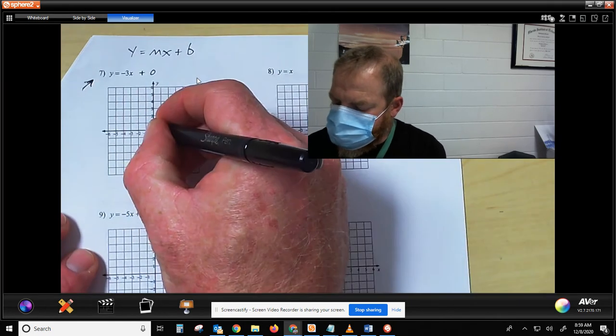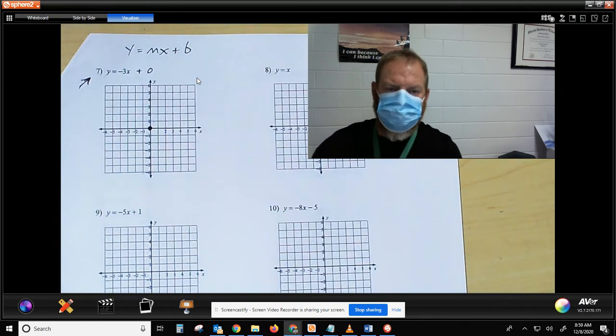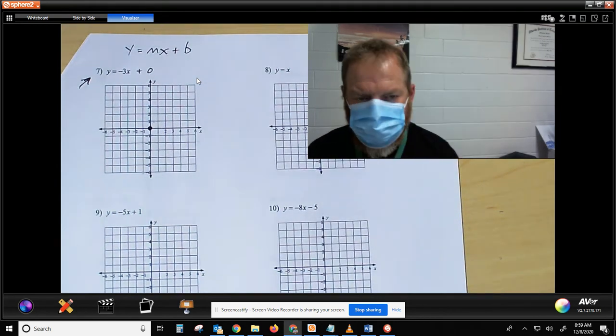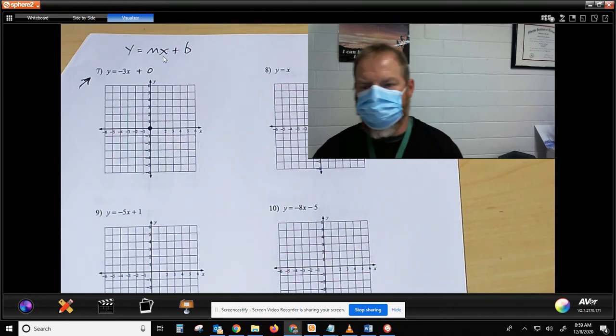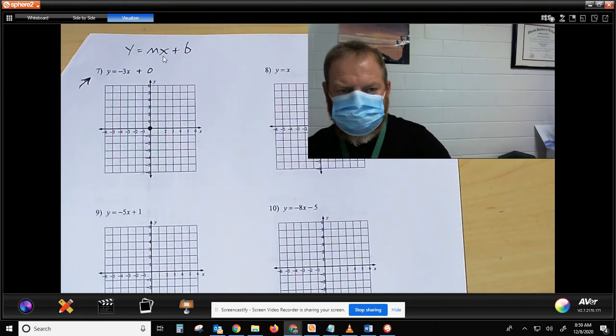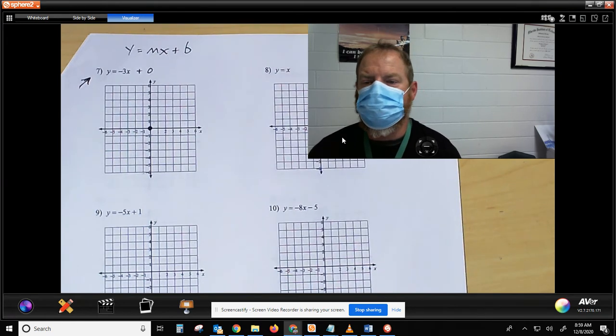And there's a point at 0, 0. That's where the line crosses the y-axis, at +0. If you're not sure what I'm talking about with these letters, M, B, Y, and X, have a look at our lessons or the Khan Academy exercises that were recent. Well, let's go to the tech tool.